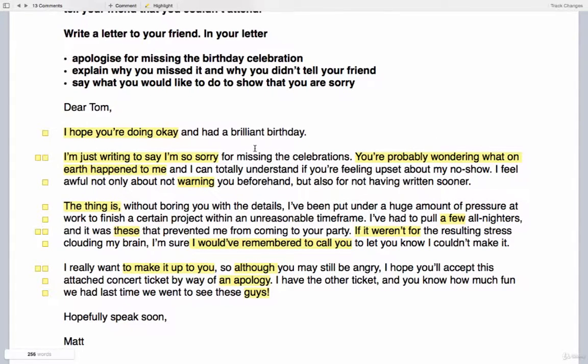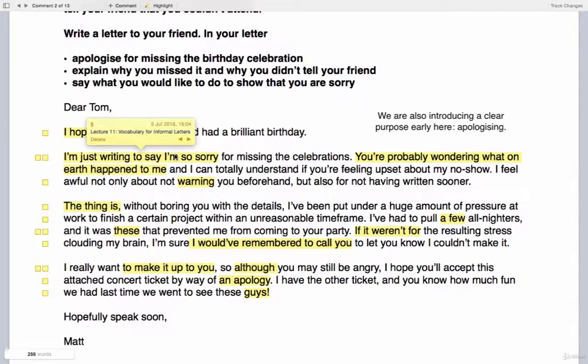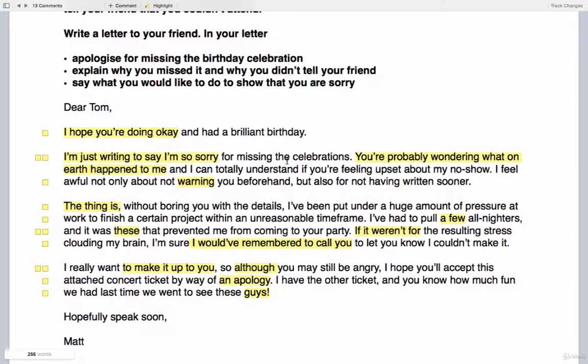I'm just writing to say I'm so sorry for missing the celebrations. Now what can we see happening here? So here, and you'll be able to see this in lecture 11, vocabulary for informal letters, we are instantly using very informal language. You can see this in both the grammar and the vocabulary with the contraction of I am to I'm, and also adding the word just here, which we often do when we're in an informal setting.